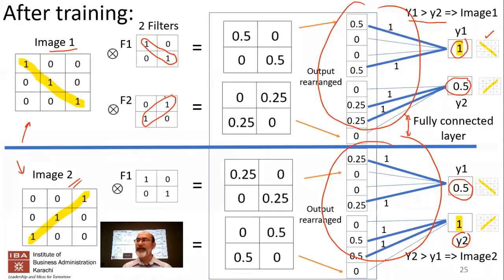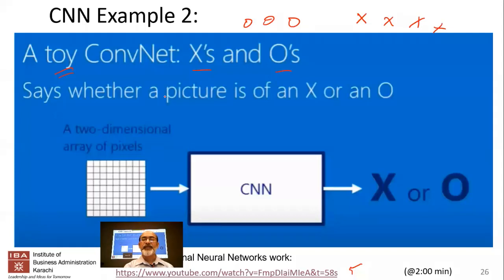That's how it was able to select between these two images. Now the question here is, if you have a series of X's and O's, what kinds of features, what kinds of filters would you need to be able to differentiate between an X and an O? If you think about how you are recognizing an X and an O?